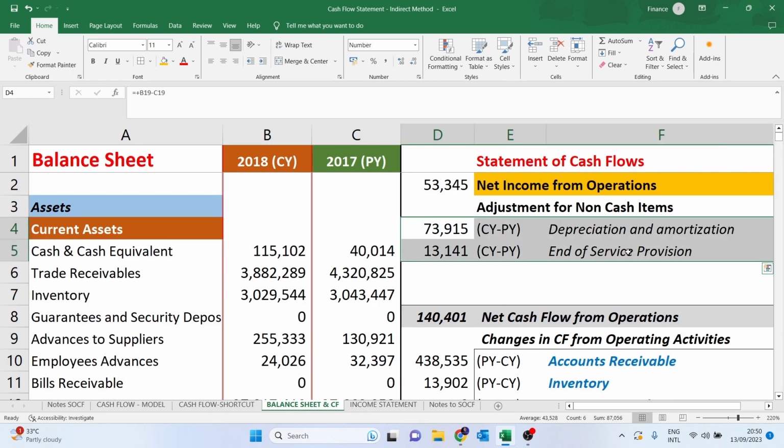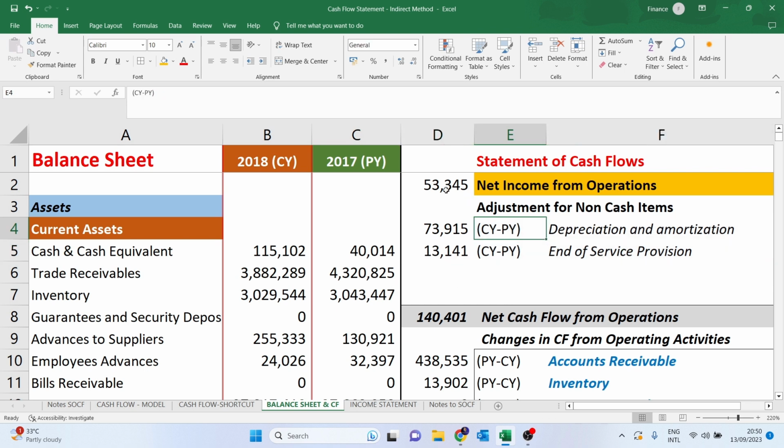We have removed the depreciation and the provision for end of service. Removed means, during preparation of net income, if we are charging depreciation, what will happen? The net income will decrease, right? Because we are debiting the depreciation account. So here we are adding it back to remove that depreciation effect.